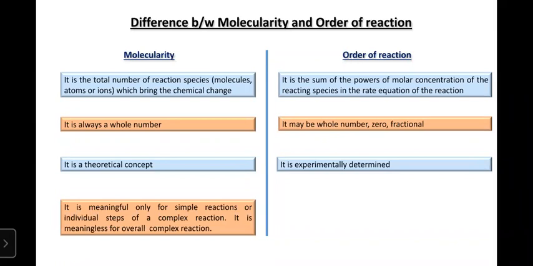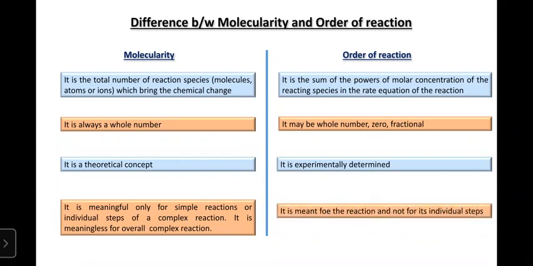It is meaningless for the overall complex reaction, right? Order of reaction is meant for the whole reaction, not for an individual step. Got it? This is about the molecularity of the reaction.